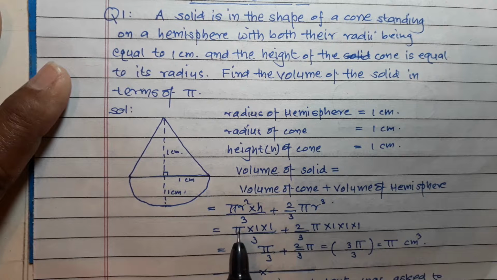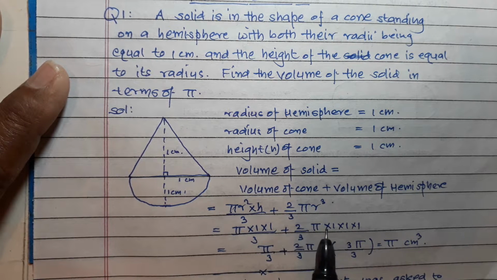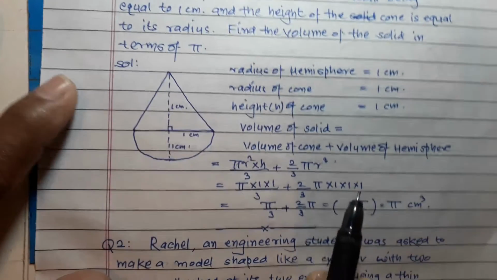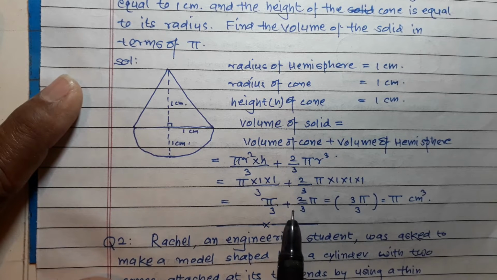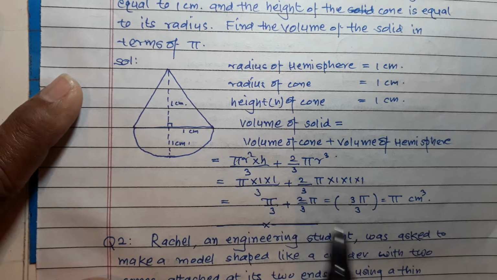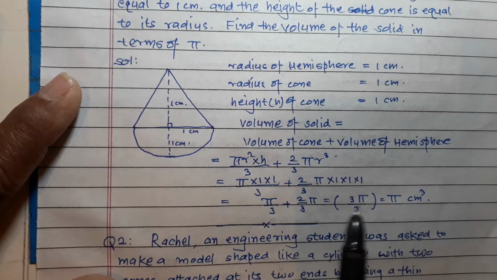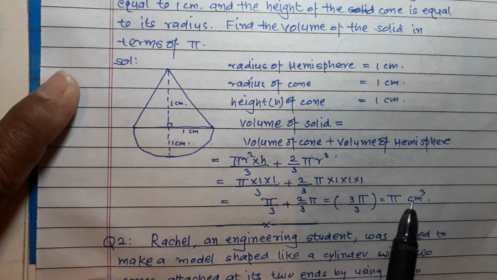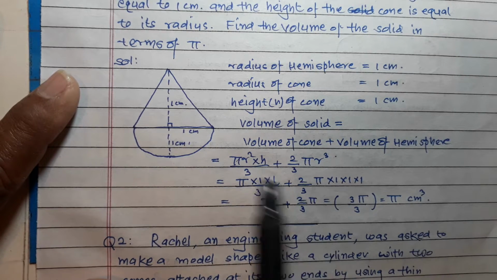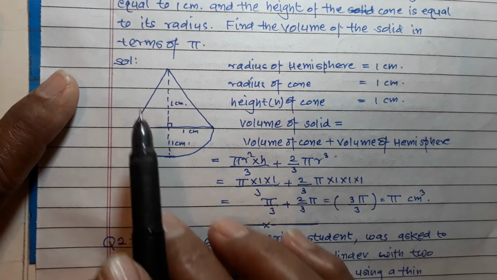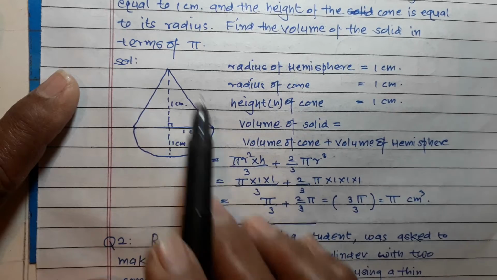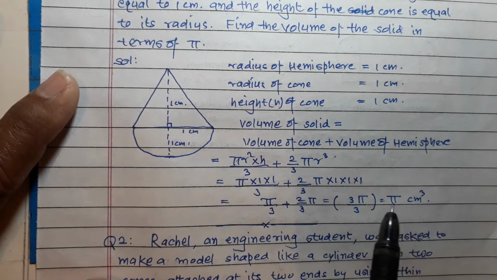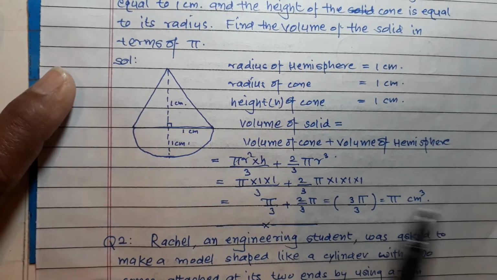So pi into 1 upon 3 plus 2 upon 3 pi into 1 into 1 into 1 is equal to pi upon 3 plus 2 pi upon 3. If you simplify this, you will get 3 pi upon 3, which is equal to pi cm cube. Therefore the volume of this solid is pi cm cube.